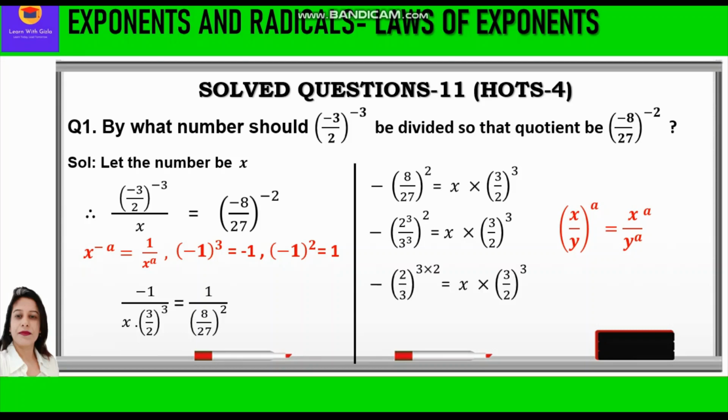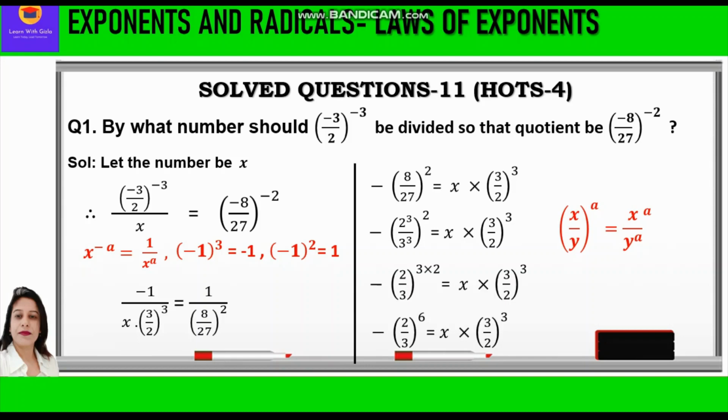We already have 2 cube upon 3 cube, so we can take the cube outside the bracket and write minus (2/3)^(3 into 2) is equal to x into (3/2)^3. Now 3 into 2 is 6, so we write minus (2/3)^6 is equal to x into (3/2)^3.